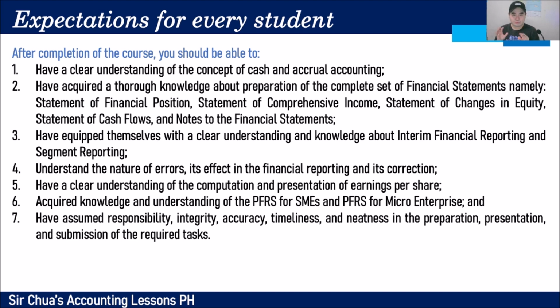And then you should also equip yourselves with a general and clear understanding about interim financial reporting and reporting segments, and then understand the nature of errors, its effect in the financial reporting process, and its correction. Have a clear understanding of the computation and presentation of earnings per share in the financial statements, and acquire knowledge and understanding of the PFRS for small and medium-sized entities and the PFRS for micro enterprise.